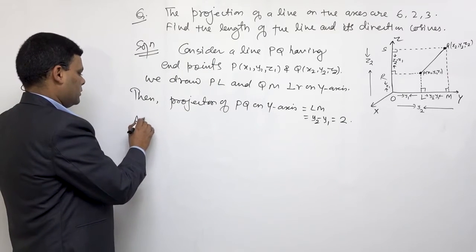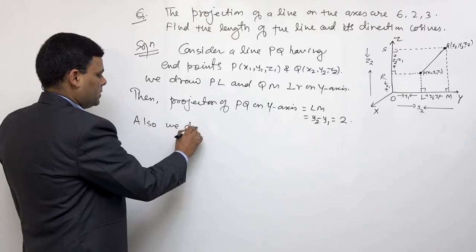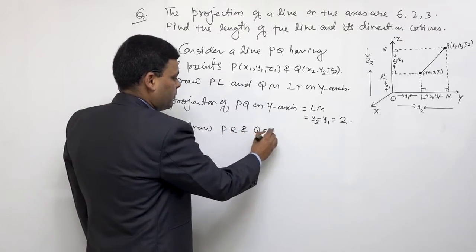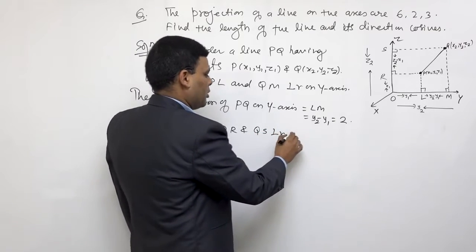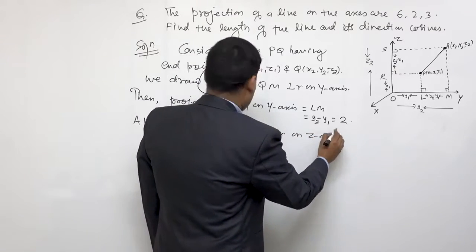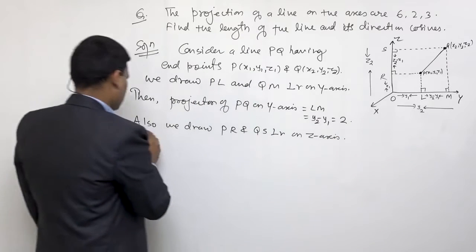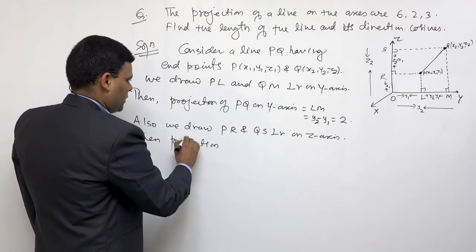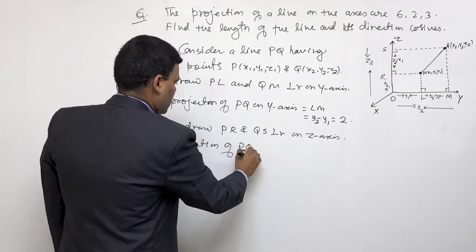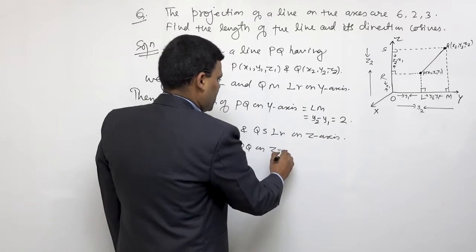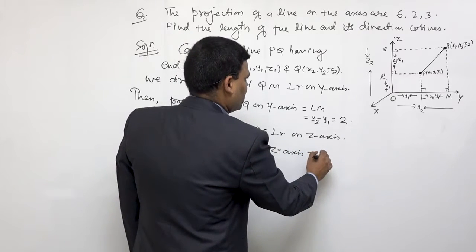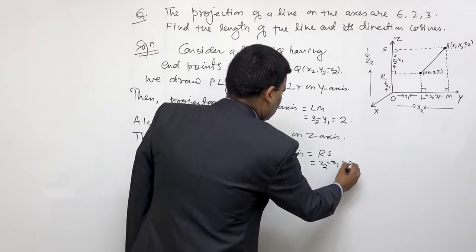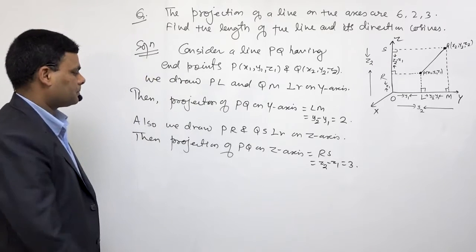Also, we draw PR and QS perpendicular on the z-axis. Then the projection of PQ on the z-axis equals RS equals z2 minus z1, which equals 3.